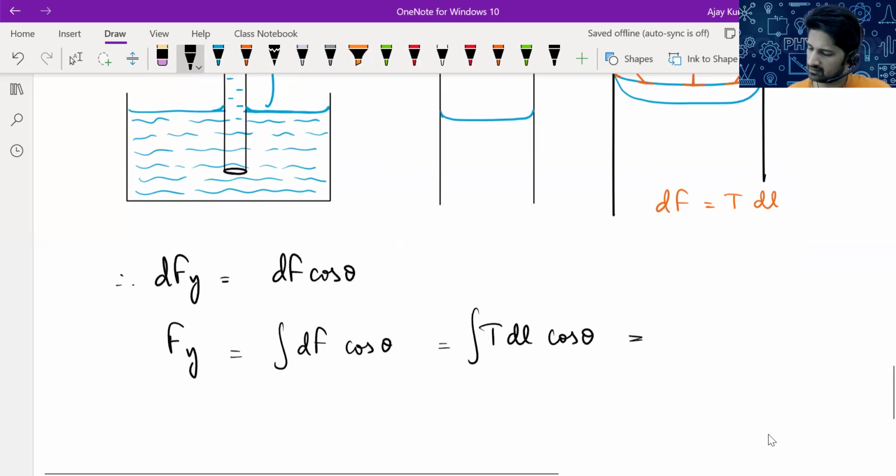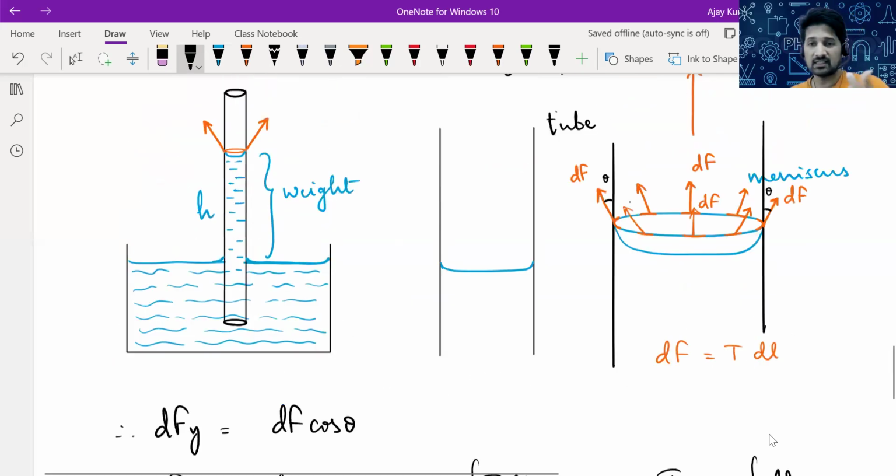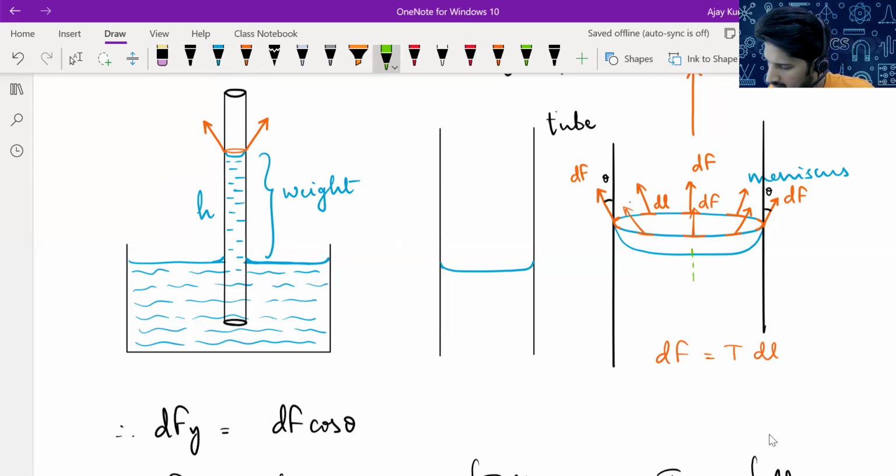Surface tension and theta are constant, so T cos theta multiplied with integral dL. What was dL? dL is the length of a small element on that boundary. You add the lengths of all small elements of that boundary, you get the total length of that circular boundary. And the total length of that circular boundary is nothing but 2 pi multiplied with the radius of the tube.